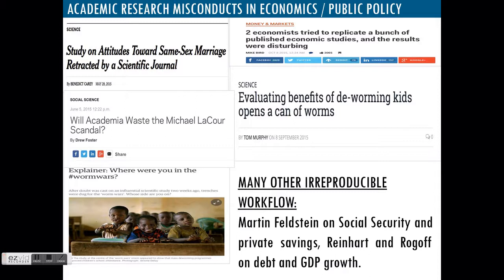I'm also trying to cite the work of Martin Feldstein on social security and private savings, for instance, where people tried to use what he shared as his do file and replicate using the raw data set, and they weren't able to get the result that he had in the paper, right?